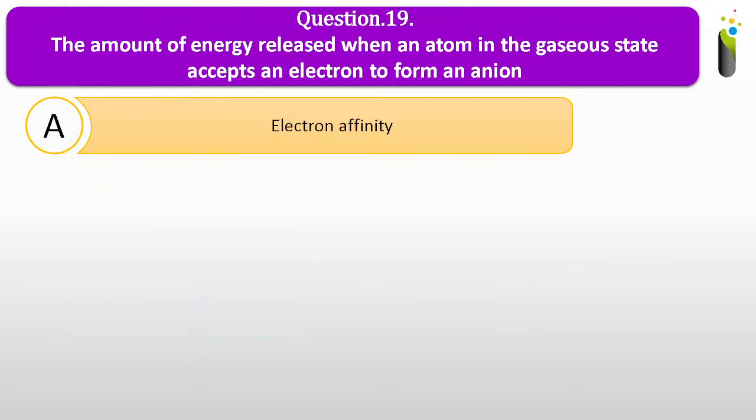And the correct answer for this question is A. Electron affinity. So the energy released when an atom in the gaseous state accepts an electron to form an anion is called electron affinity.